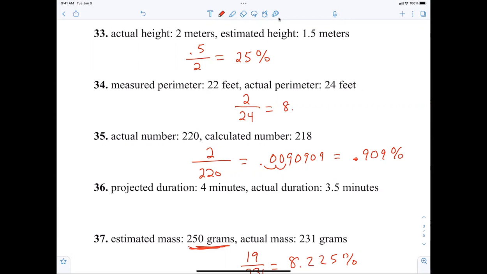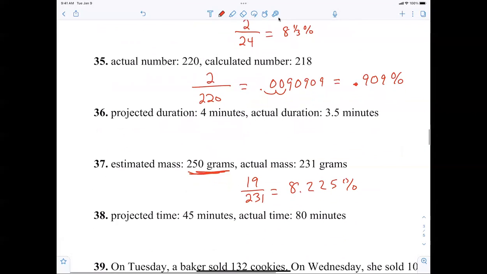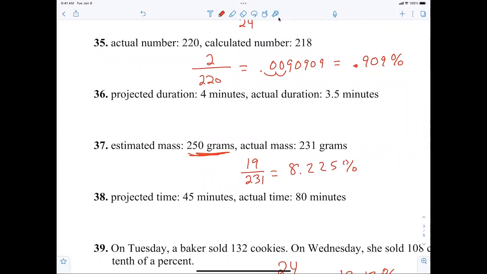Can I just say 8 and 1/3%? 8 and 1/3%. Okay, Forrest, 36. So that would be actual over 3.5 denominator and 0.5.